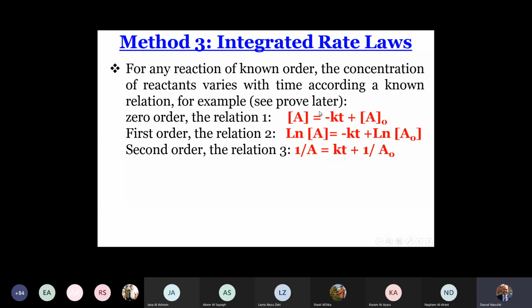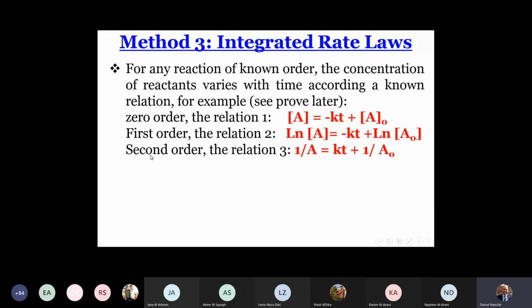If not, you pass to the second relation, ln A equals minus kt plus ln A0. If you can prove that this relation is justified, your reaction is of first order. If not, you pass to relation number 3, 1 over A equals kt plus 1 over A0, and if you justify this relation, that means the reaction is second order.